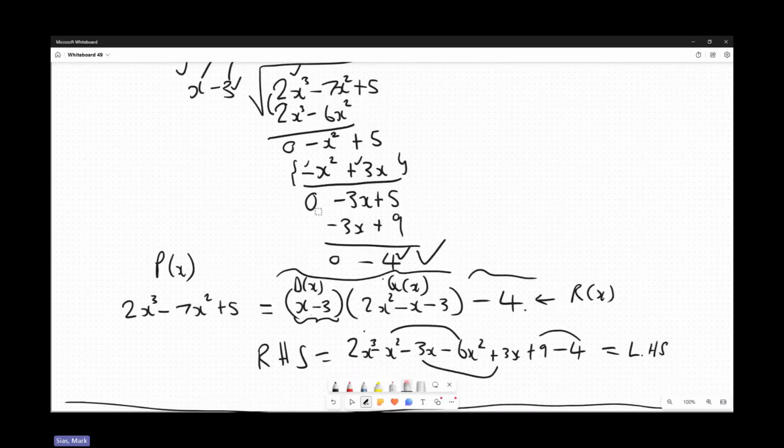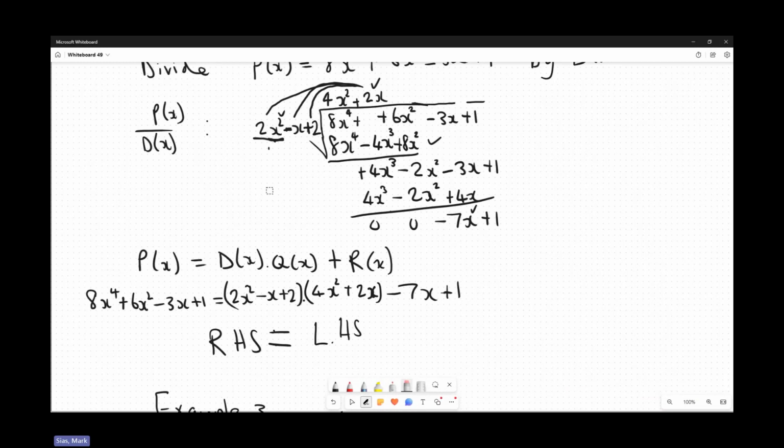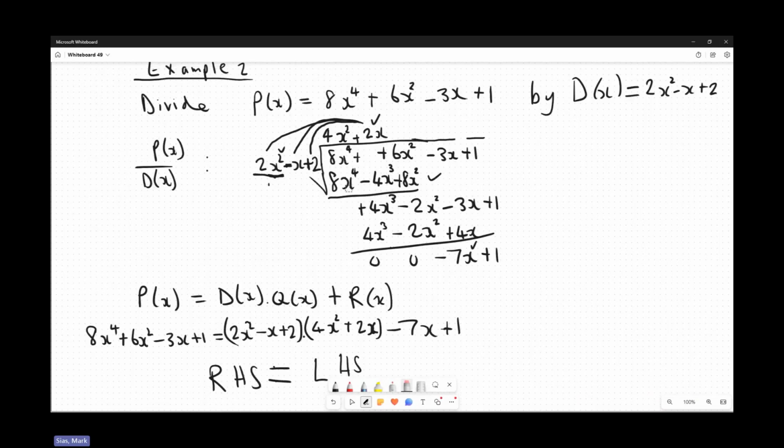So I have just forgotten what we did with example 2. Let's see. We divided by a quadratic function. Can you see that? We divided by a quadratic function. So that theorem is not applicable here because of this. Can you see that, guys? We can't apply it.